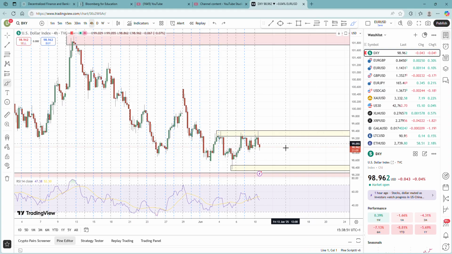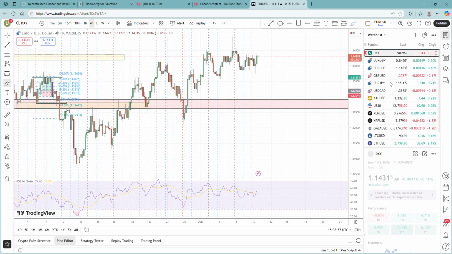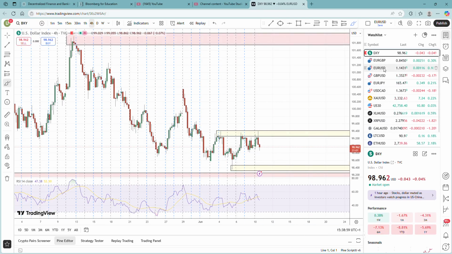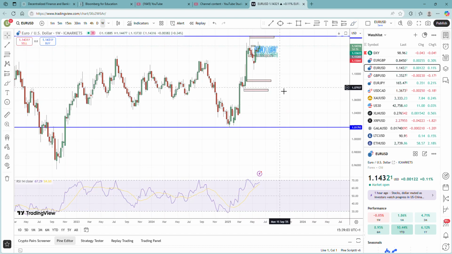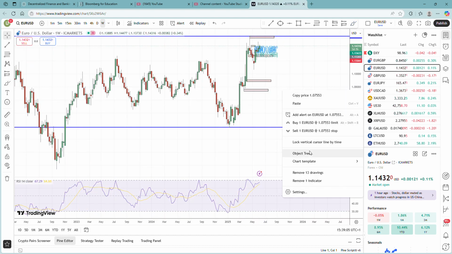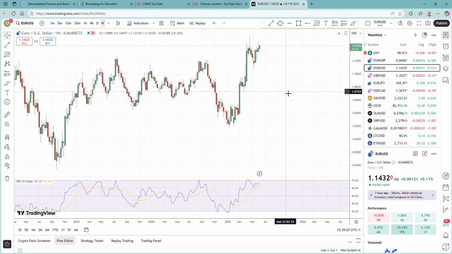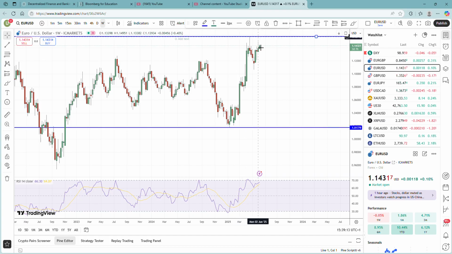So now I've done my analysis, I want to move to EURUSD. Remember, DXY is going down, so we expect EURUSD to go up. We'll start on the weekly time frame and take it from there. So remember, on the weekly, get your support and resistance levels. Here's your support, here's your resistance.